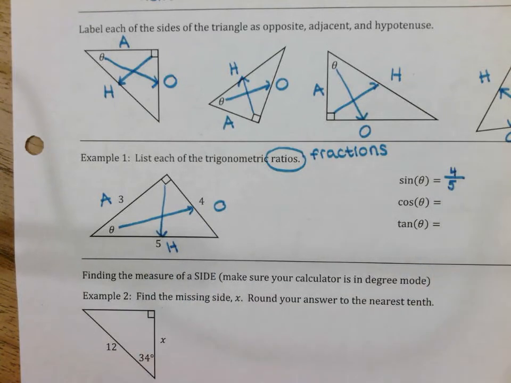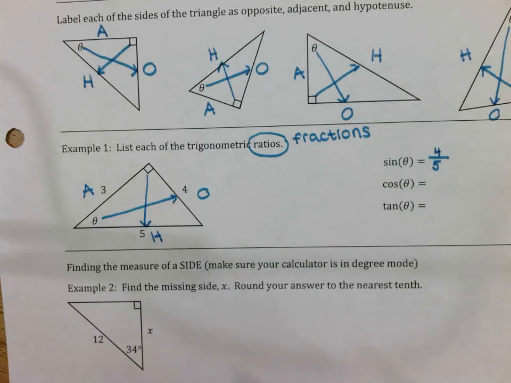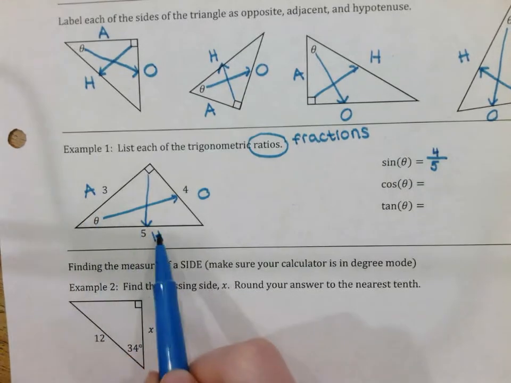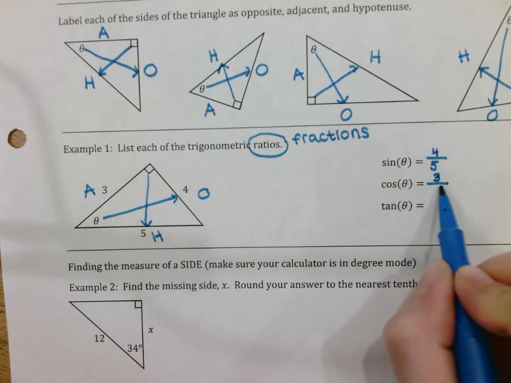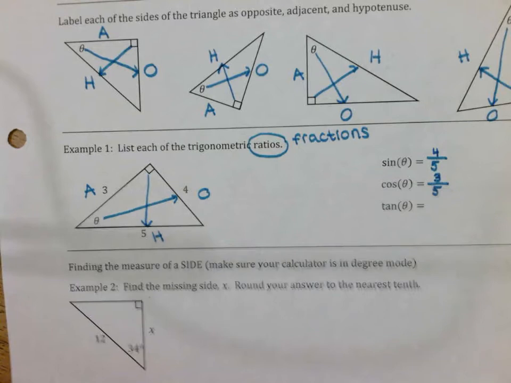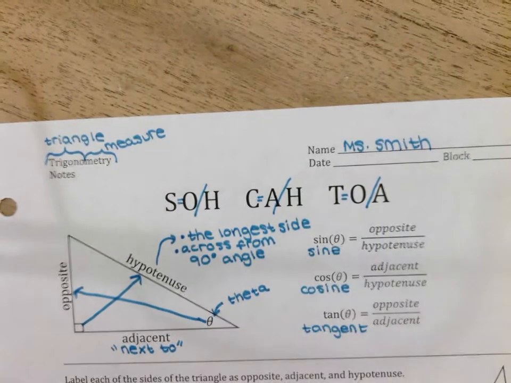All right. And then cosine is equal to adjacent over hypotenuse. So using these values, adjacent over hypotenuse, that's 3 over 5. And then tangent is equal to opposite over adjacent.